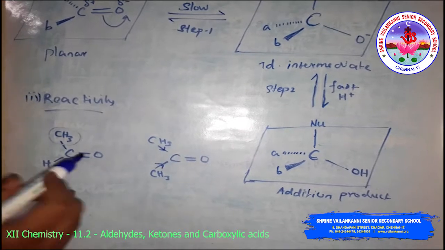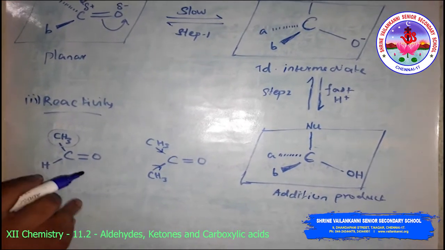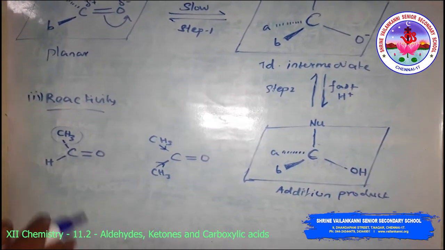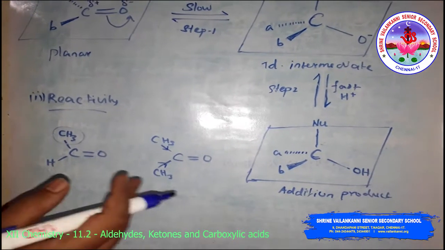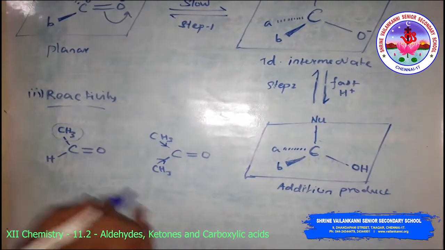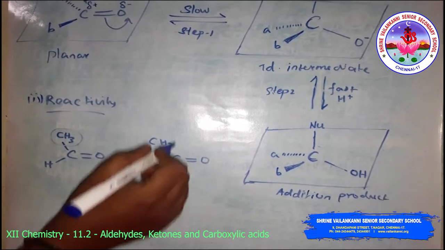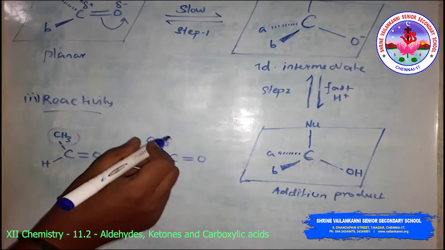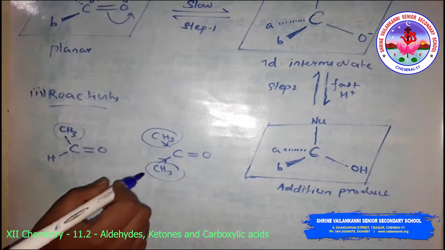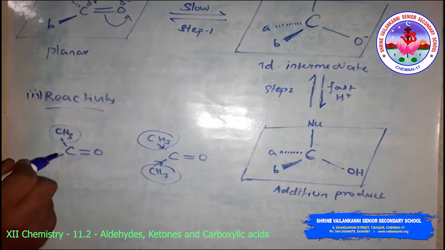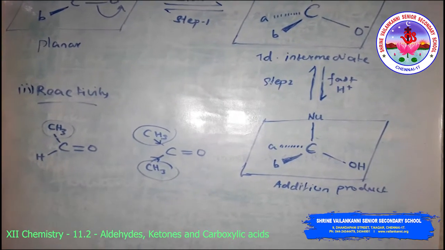So simply you can write why aldehydes are more reactive than ketones: it is steric hindrance because of the two bulky groups present in the ketonic compound. That's why these are less reactive compared to this.